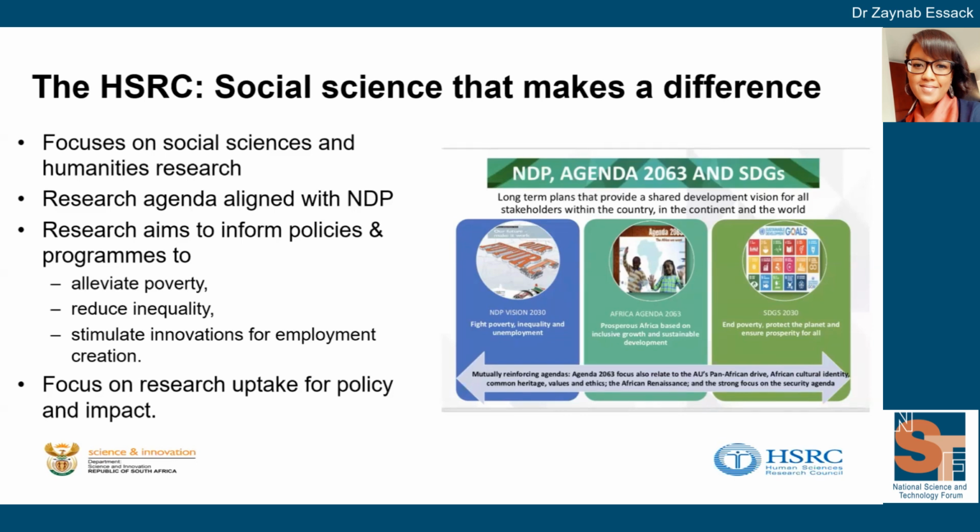And this talks to the need to fight poverty, inequality, and unemployment, which aligns well to our research aims that want to inform policies and programs that do these three things. Aligned to that, as I mentioned earlier, we have a strong focus on downstream, or more upstream if you prefer to call it, of making sure that the research that we develop into reports and publications is critically taken up for both policy and for wider impact.